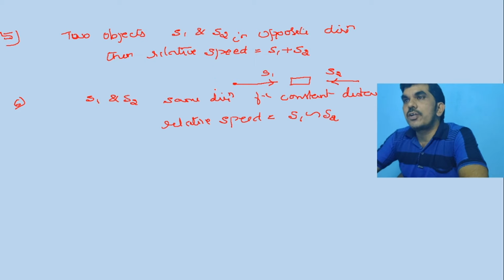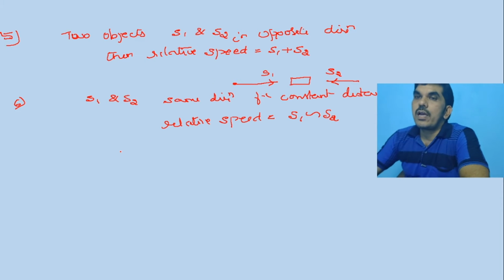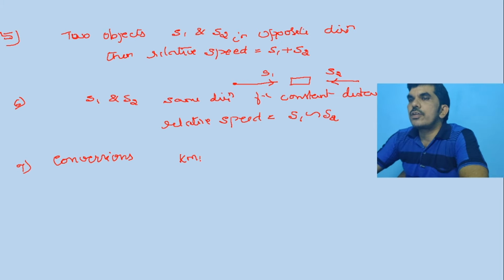average speed under two different conditions, then speed. And one more very important thing is conversions. That is, kmph, kilometer per hour to meter per second.